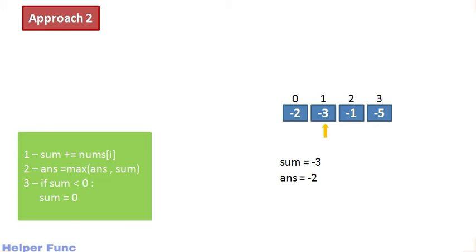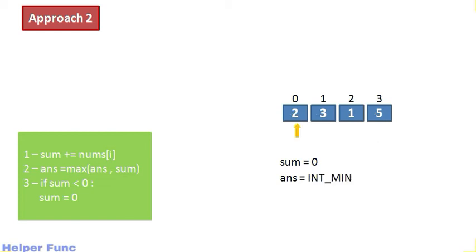But because it is negative, it will again become 0. In the next step, sum will be minus 1, and because it is greater than minus 2, answer will also become minus 1. And again sum will become 0. Now in the last step, sum will become minus 5, which will have no effect on answer, and because sum is negative, it will again become 0. Thus the answer for this array would be minus 1, which is the maximum element in this array.